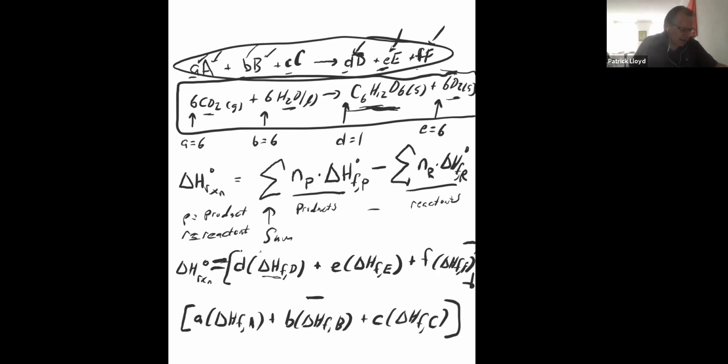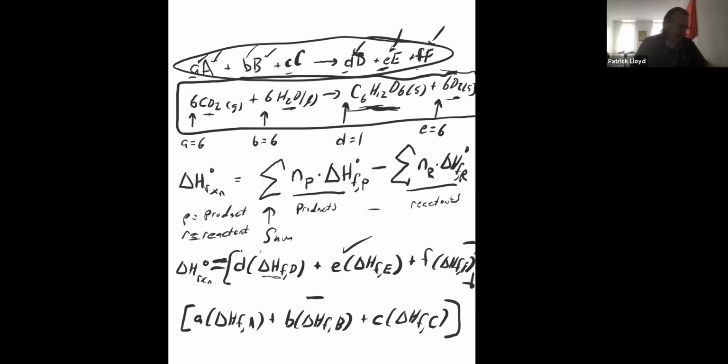So products, you add them up. That's what the sum sign means, the sigma, minus the reactants. You add up all the reactants, you add up all the products, and then you take products minus reactants. Don't do reactants minus products. It's a very common error. Do products minus reactants, okay? And then that will give you delta H of the reaction.